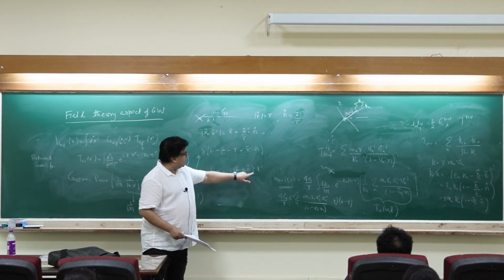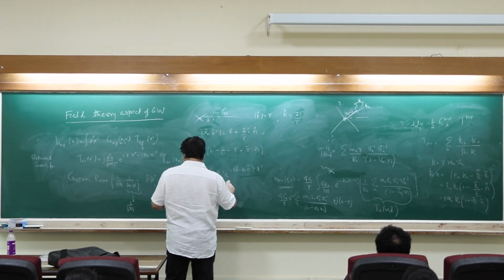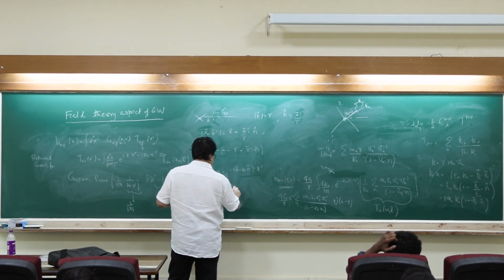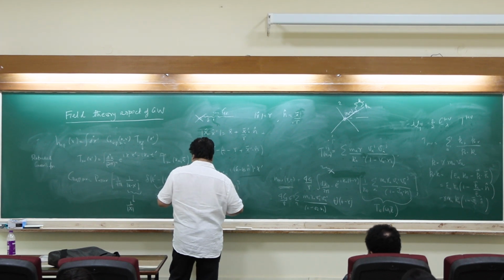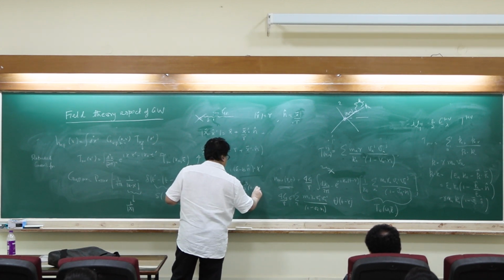This came after that t prime integral, and doing this will give me 2 pi cubed delta cubed of k minus k naught n.